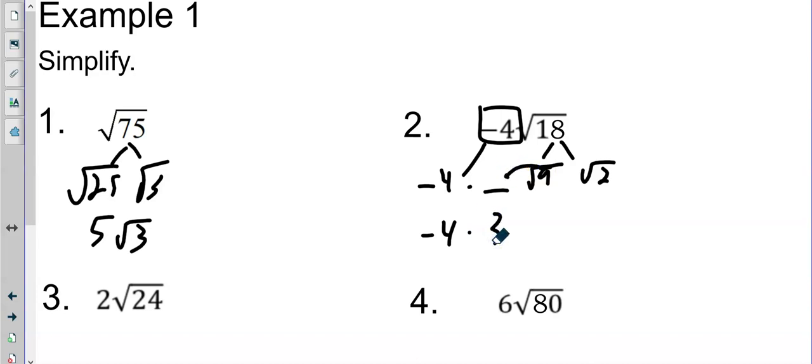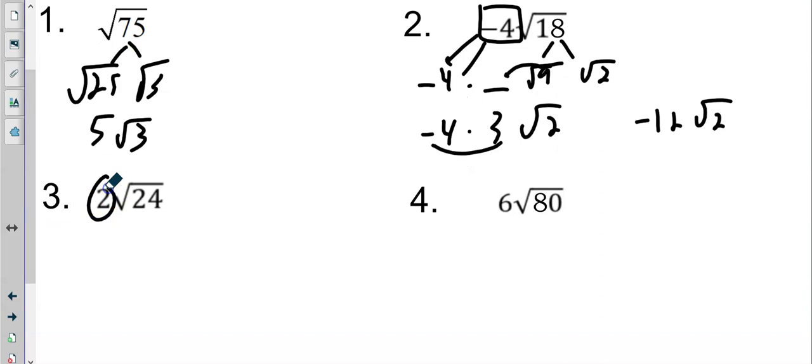It's 3. And then we simplify. The reason I'm suggesting doing this is because the most common mistake is just to say this is the answer when it's not. People forget to multiply by whatever is outside of the radical. So that's going to be -12 times radical 2.